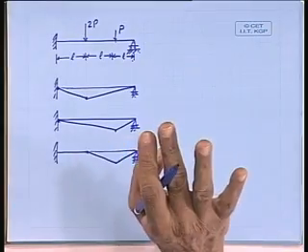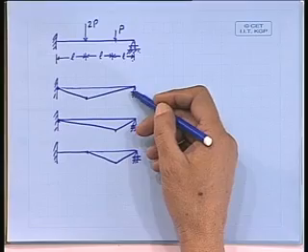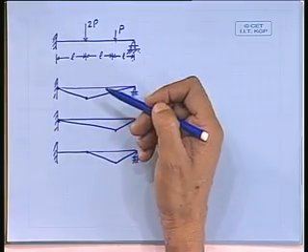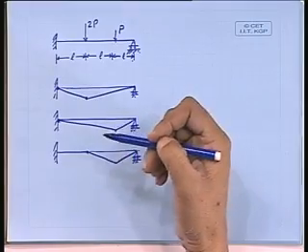Which one will be the failure mechanism ultimately? As you keep on increasing the load, the one under which the actual failure will take place is when the load is minimum.